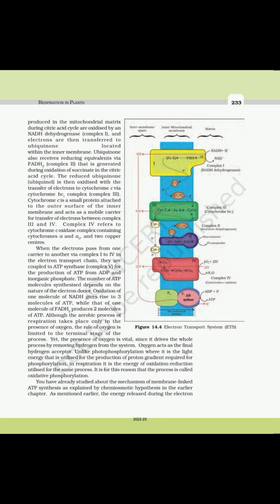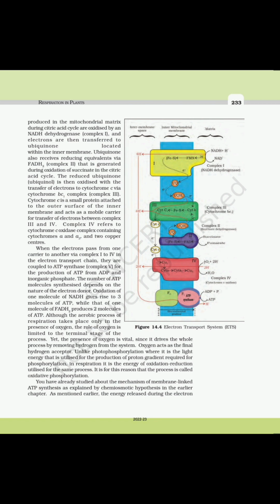When the electrons pass from one carrier to another via complex I to IV in the electron transport chain, they are coupled to ATP synthase complex V for the production of ATP from ADP and inorganic phosphate. The number of ATP molecules synthesized depends on the nature of the electron donor. Oxidation of one molecule of NADH gives rise to 3 molecules of ATP, while that of one molecule of FADH2 produces 2 molecules of ATP.